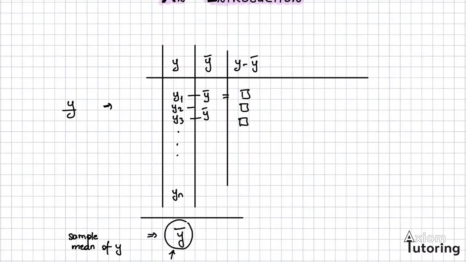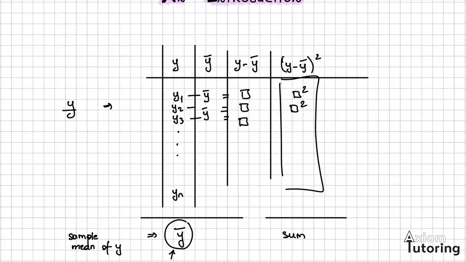Then you square these numbers, and ultimately just find the sum of all of the elements in this column. So no need for a regression yet.